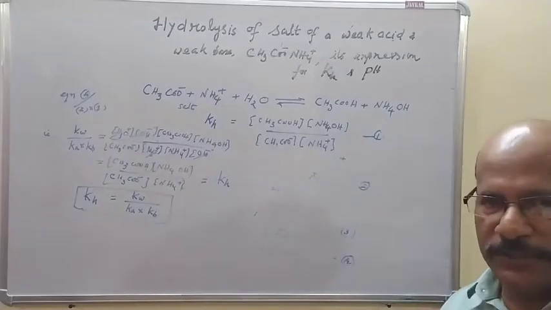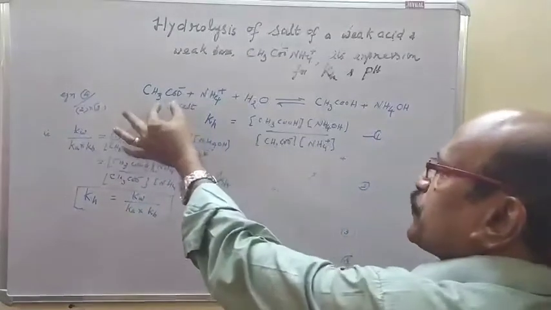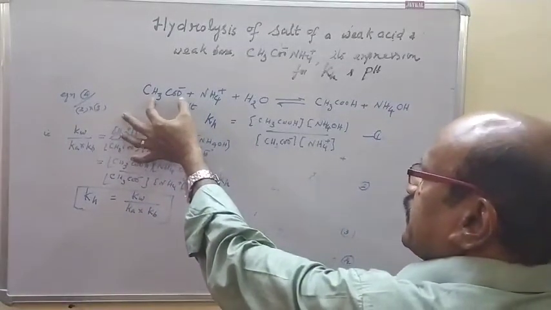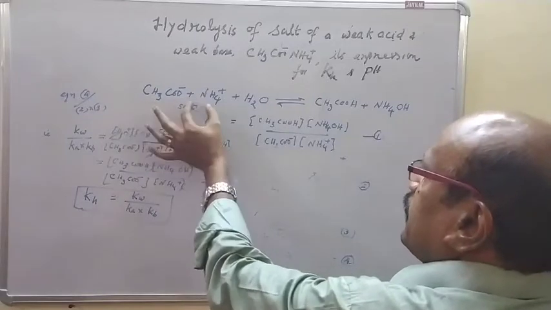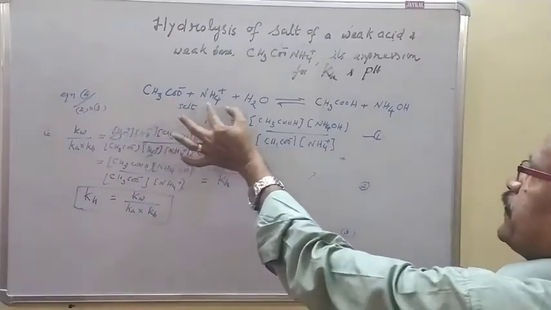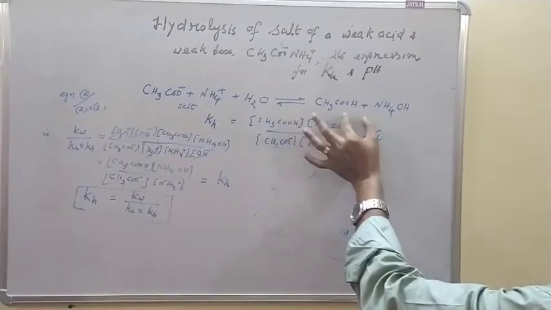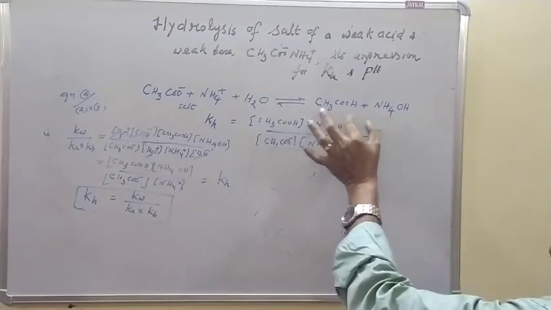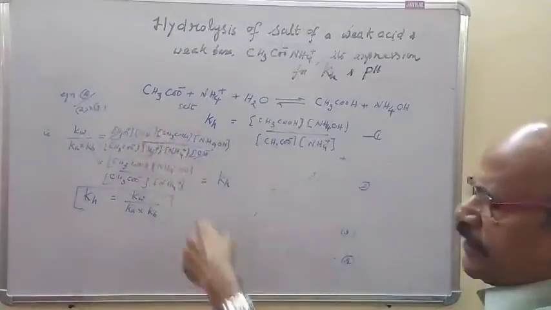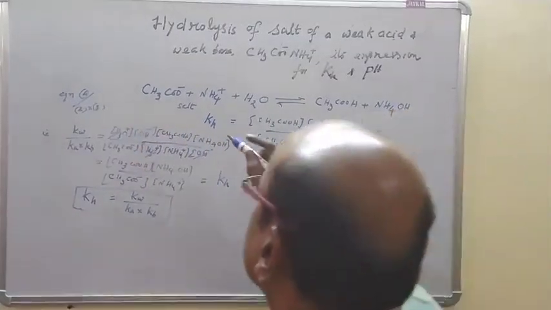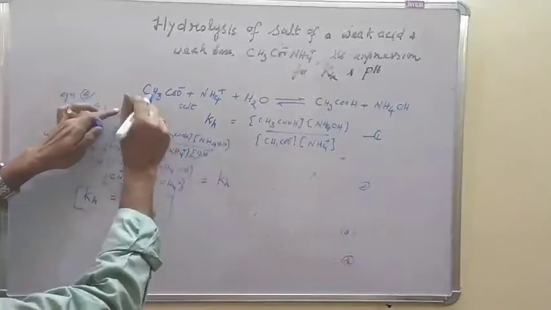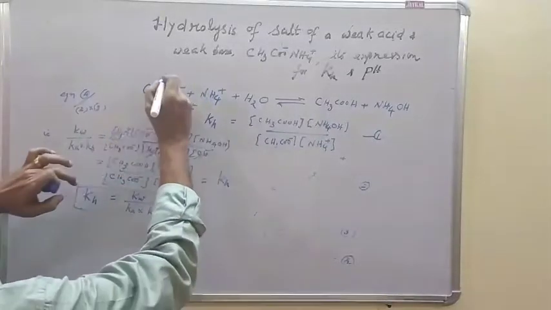Therefore, C alpha moles of acetate ion and C alpha moles of ammonium ions react to give C alpha moles of acetic acid and C alpha moles of ammonium hydroxide. Suppose C is the initial concentration of the salt, then we have C minus C alpha. Here also C minus C alpha.